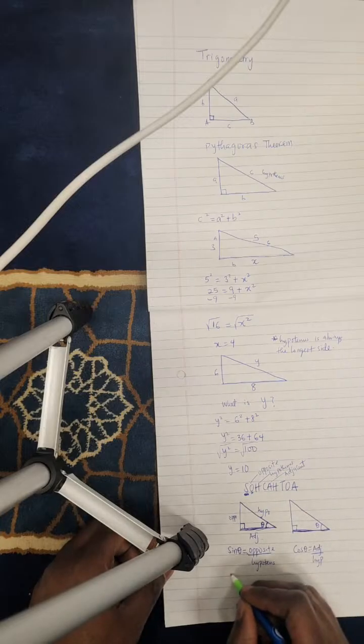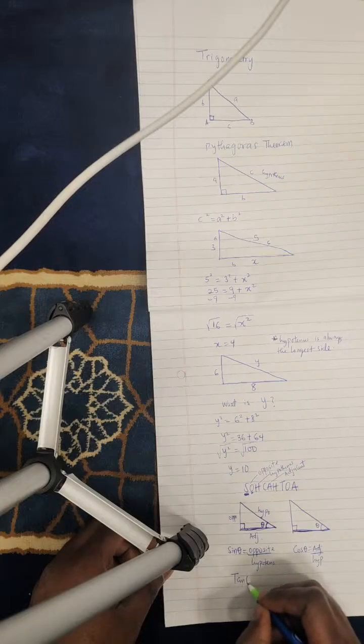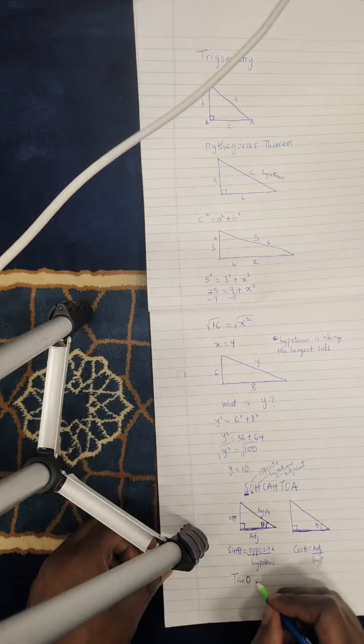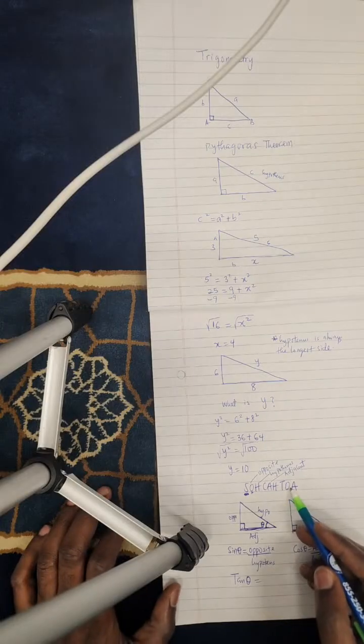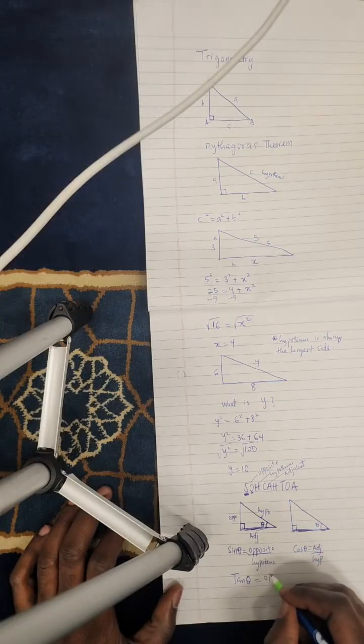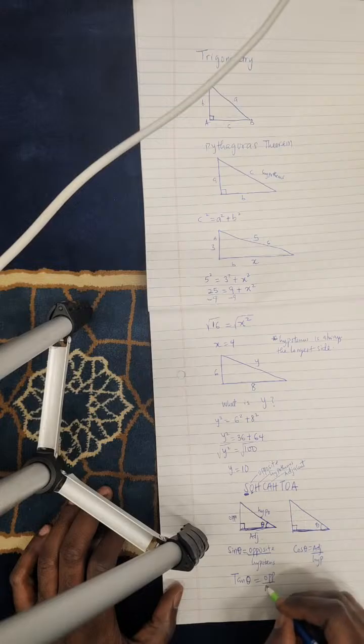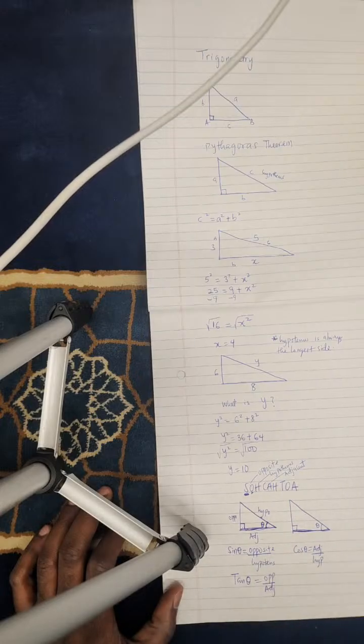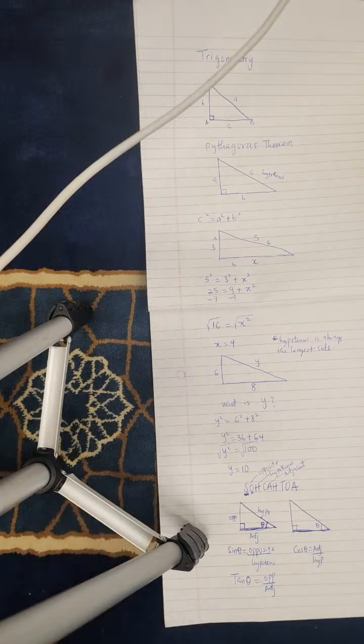And here we have the tan theta, which stands for the opposite over the adjacent. So these are what you have right here.